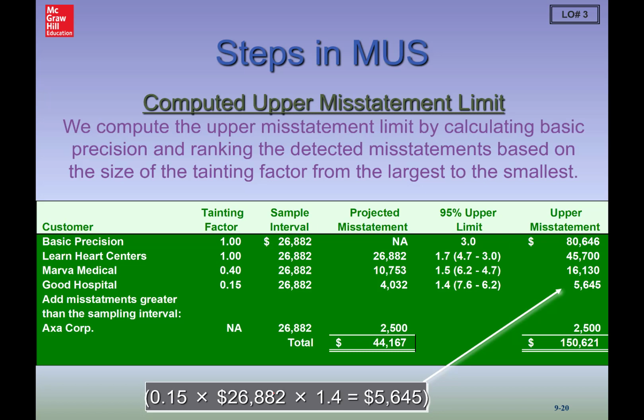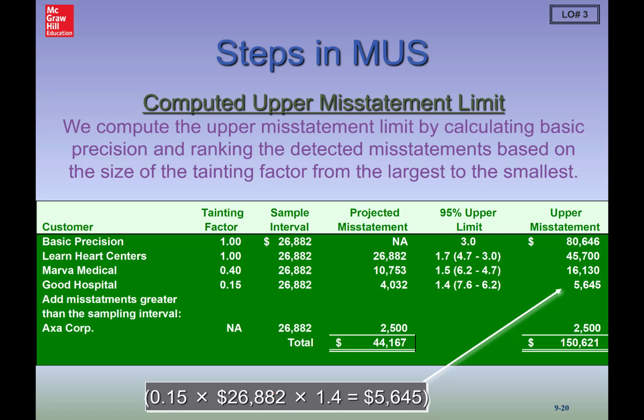Now we have our sampling interval, and we're going to apply the tainting percentage to the ones that were not bigger than an interval. So that one was 100% error because we used 1 as the tainting factor for the first item for the interval, and for that first one we have that upper limit of 80,404.